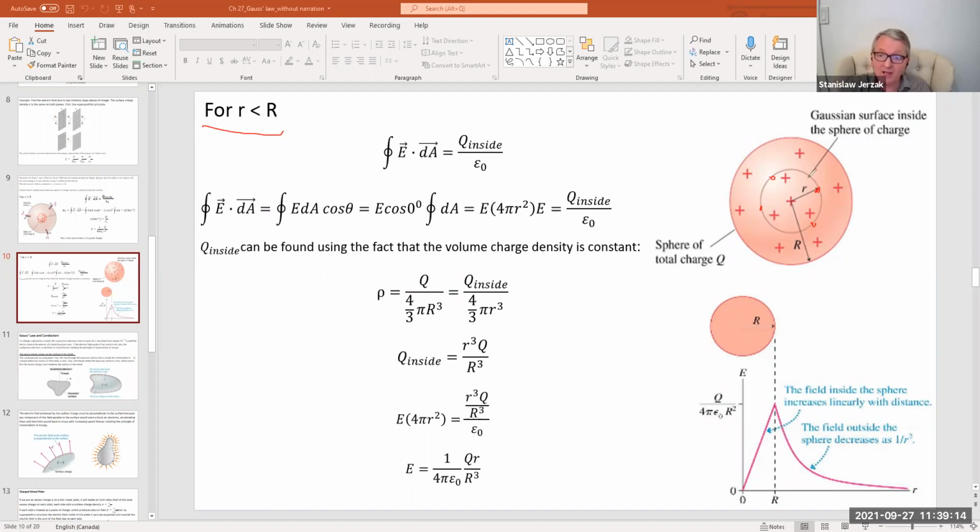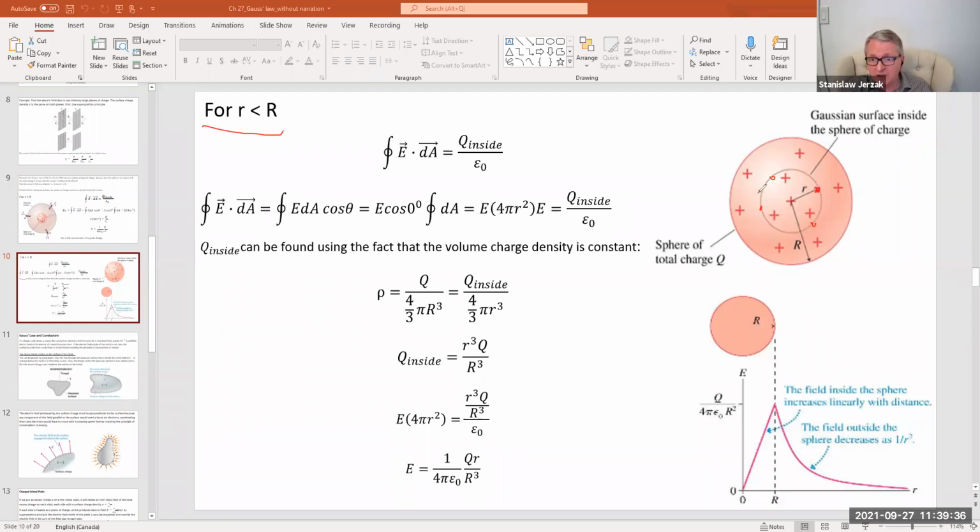I want to calculate that electric field at this point. So again, because of that spherical distribution of charge, right, and uniform distribution of charge and spherical distribution of charge, we expect that if I take the Gaussian surface, again, passing through that point where I want to calculate electric field.